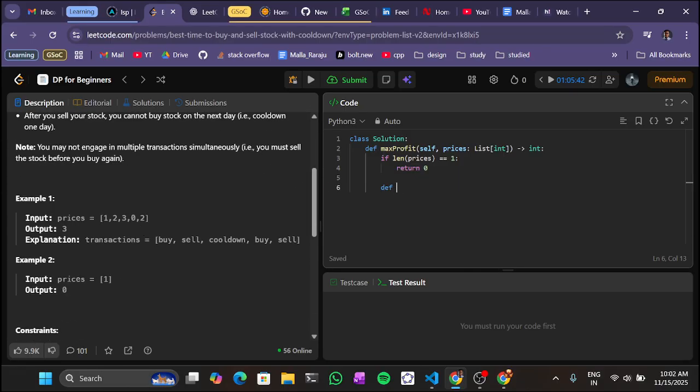Maximum profit. Okay, so let's define a function max profit, index, comma, cooldown.